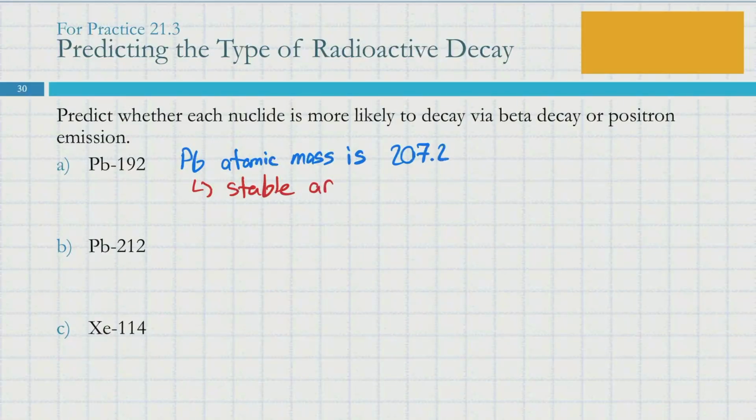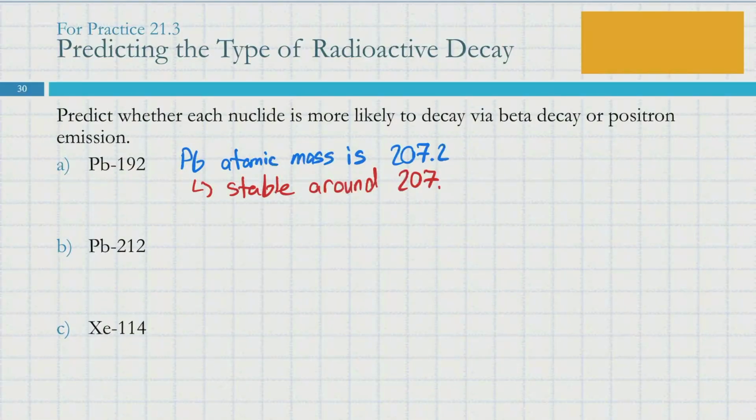This means that we're stable around 207. It's not necessarily 207. It could be that 208 and 206 are stable and it just averages out to 207. But we would want to be in this ballpark of 207.